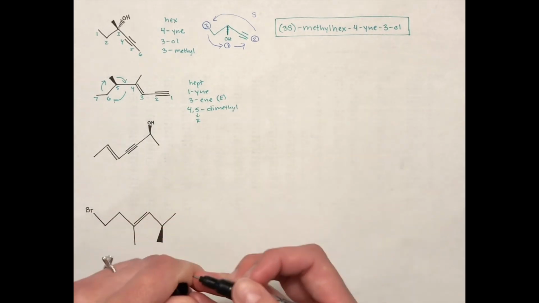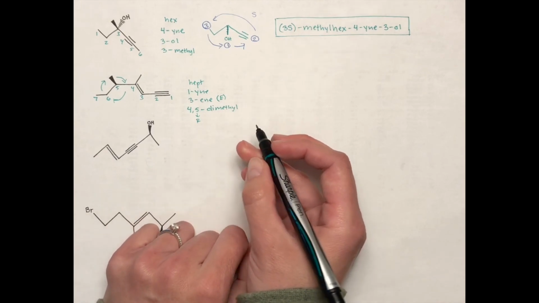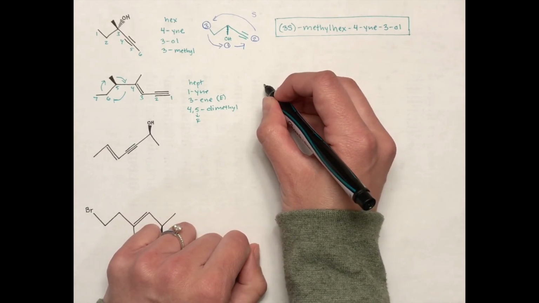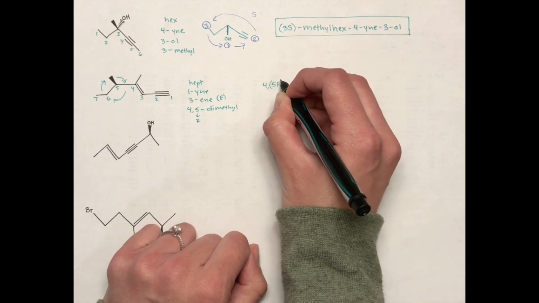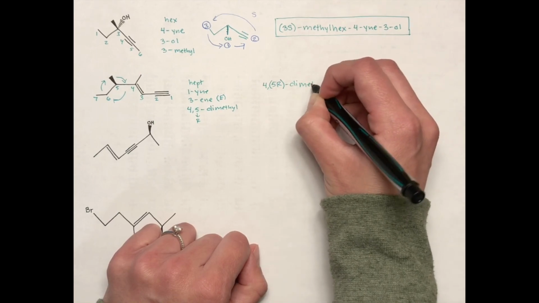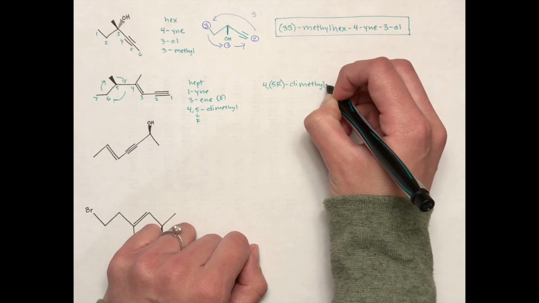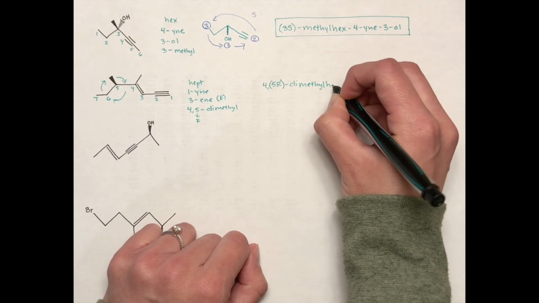Okay, so let's throw this all together. I know it can be a little confusing when we have little subnotations and all that. All right, let's see. 4,5R, don't forget the R, dimethyl. We can actually throw the hept right here if we want to.